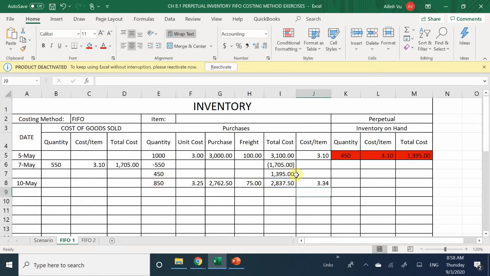$3.34. Okay, so this one is what I was talking about.